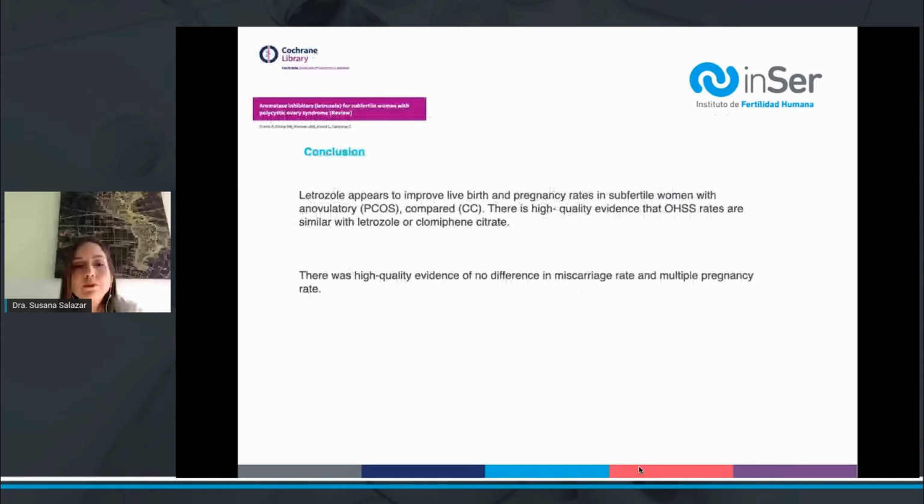The conclusions were that letrozole appears to improve live birth and pregnancy rates in subfertile women with anovulatory PCOS compared with clomiphene. There is high-quality evidence that ovarian hyperstimulation syndrome rates are similar with letrozole or clomiphene citrate. There was high-quality evidence of no difference in miscarriage rate and multiple pregnancy rates.